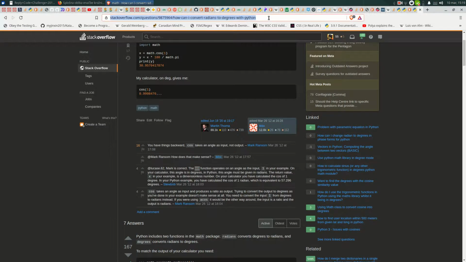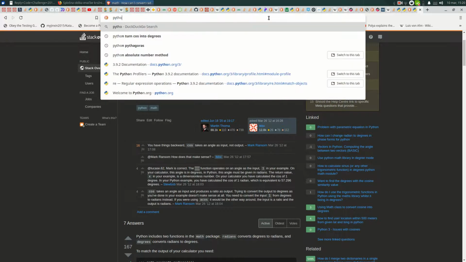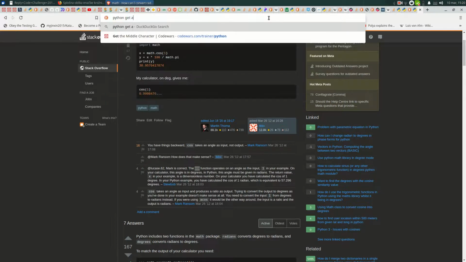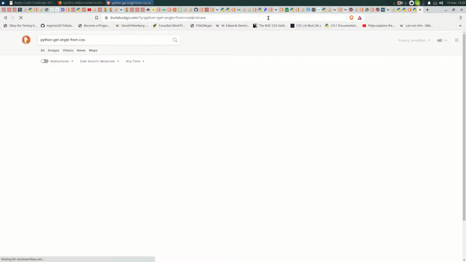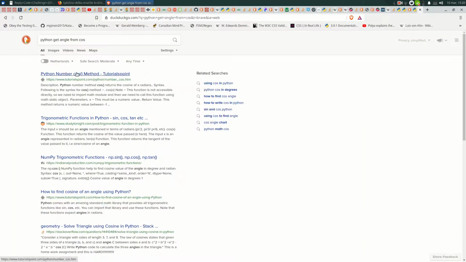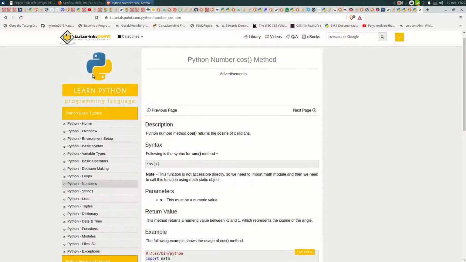So rather we would say Python get angle from cos. Returns the cosine of x radians.